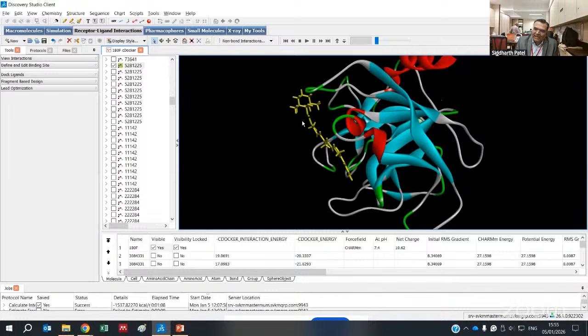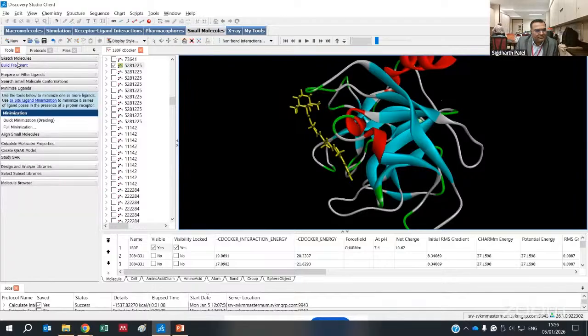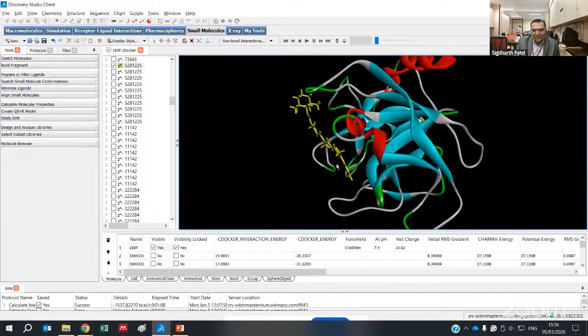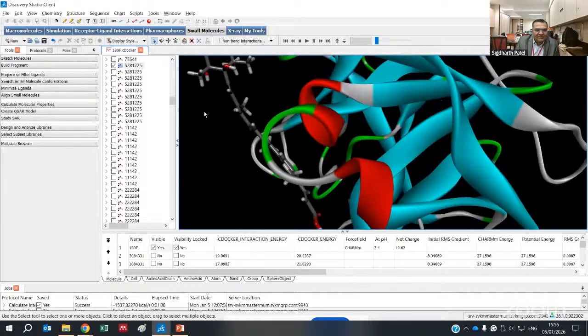So between the protein and the structure, the effect will be studied here. So we'll just go to the effects, small molecule. Okay. Now you can see the effect here.